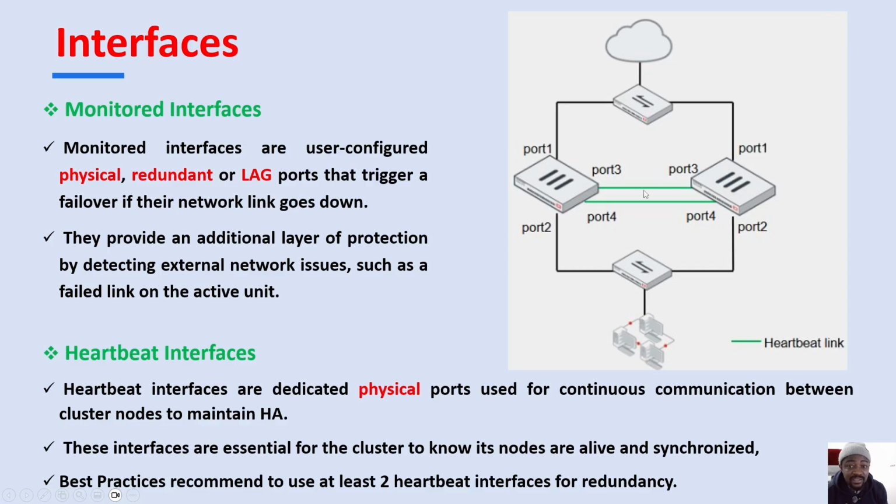If you have two devices in your cluster, make sure you also have two links to detect if each of them is alive. Then the monitored interfaces are the interfaces that are connected to other devices that are not part of the cluster. They are usually used to trigger the failover.